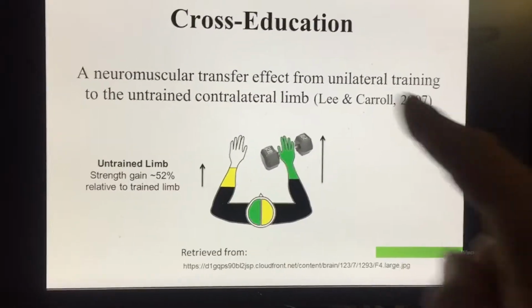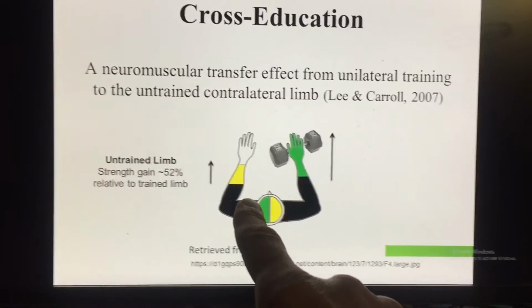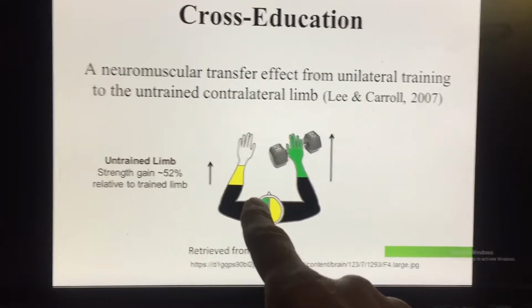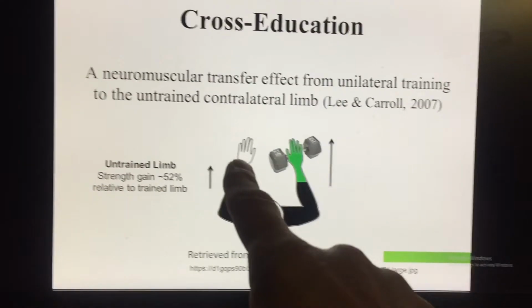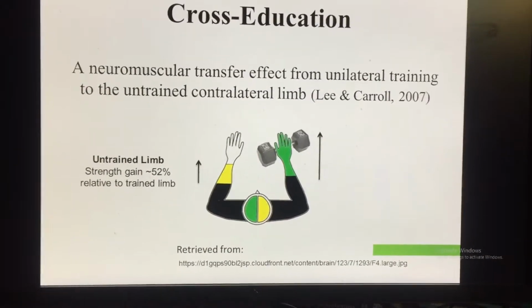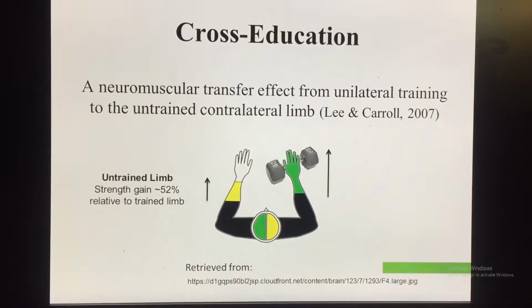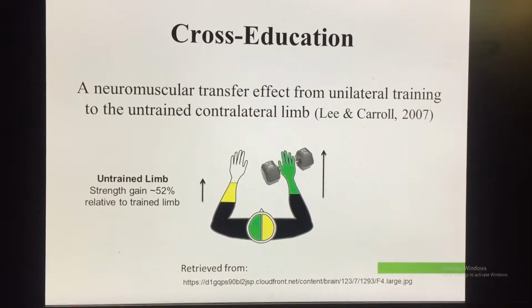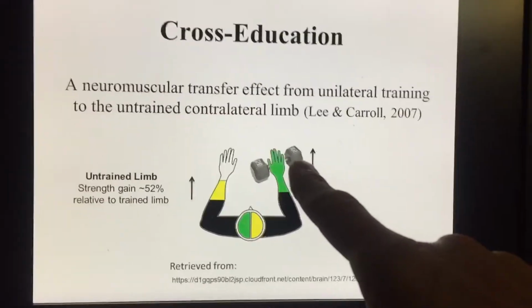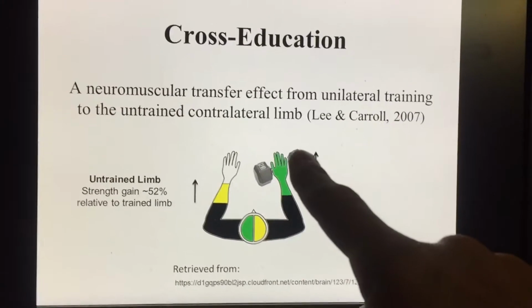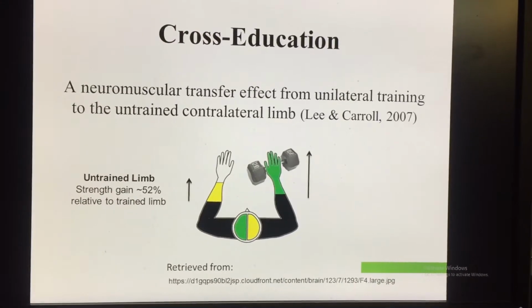What happens when you train one limb is that activation in the left side of the brain will cross over to the right side of the brain, so you get some training effect on the untrained limb. And the training effect on the untrained limb is about half of what you see in the trained limb. So for example, if you were able to increase your strength by about 50 pounds with your trained limb, this untrained limb would see an increase in strength of about 25 pounds.